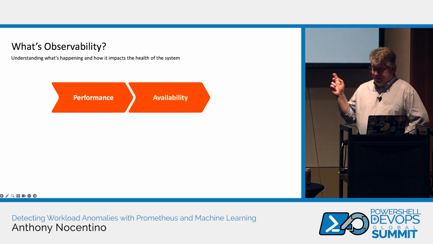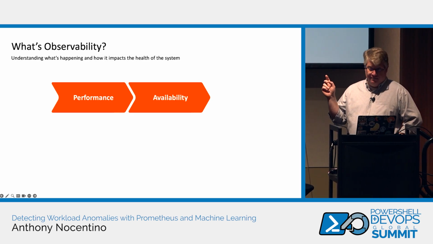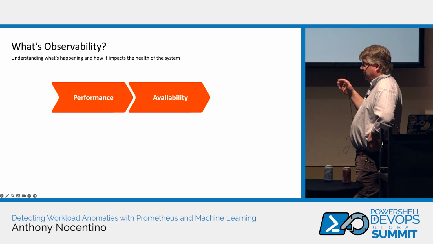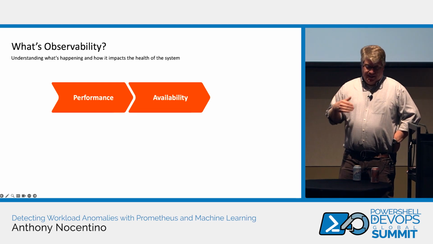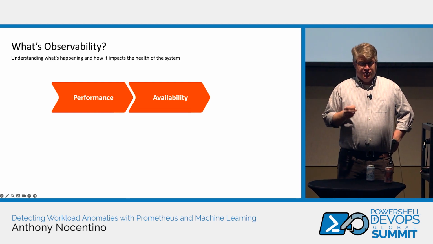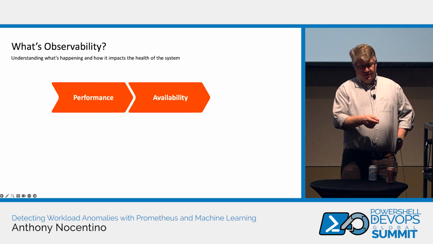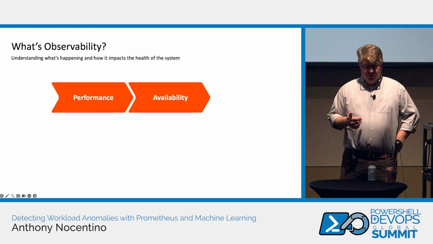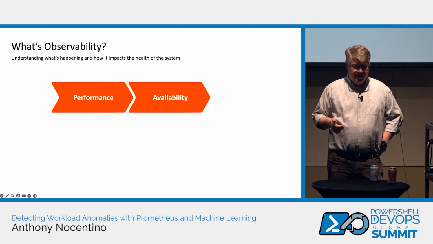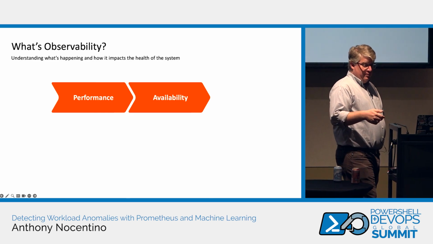I also couple in availability as part of this as well. Also, performance, I think, is an availability concern as well, because if I can't run a query or hit a web server because it's saturated, I want to be able to know those things, because the next user that comes along can't do the thing that they need to do in my environment, right?